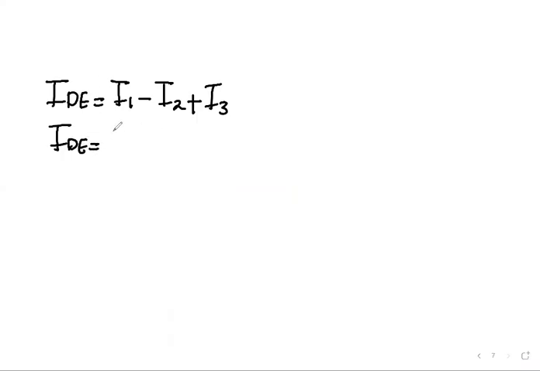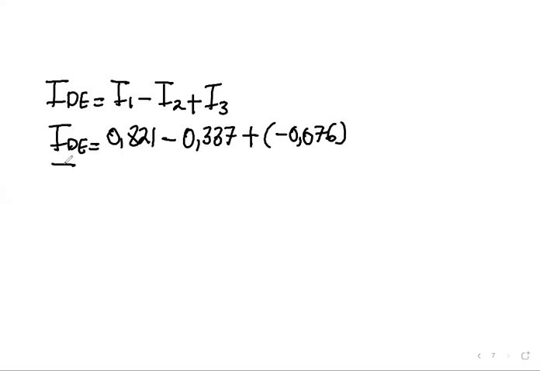Our I1 is going to be 0,821 minus our current through I2, 0,337, and then plus our I3, remember it is negative, so it's going to be negative 0,076. So our current through DE, we're going to get what? When you punch everything on the calculator, 0,408. Remember it's current, it must be in amperes.